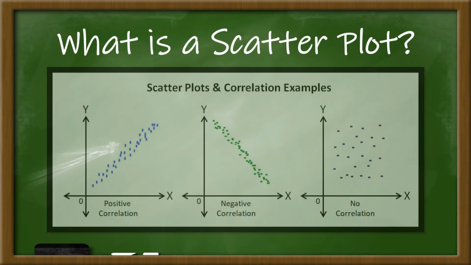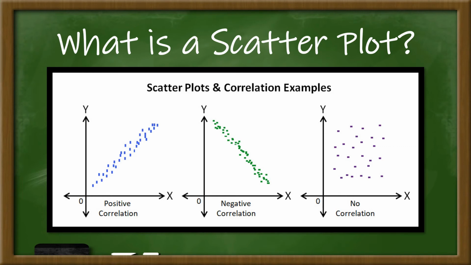As you can see, the picture here shows the different types of correlation. We have positive correlation, negative correlation, and no correlation. By looking at the spots on each graph, which is what we call a scatter plot, we will know if the graph shows positive correlation, negative correlation, or no correlation.